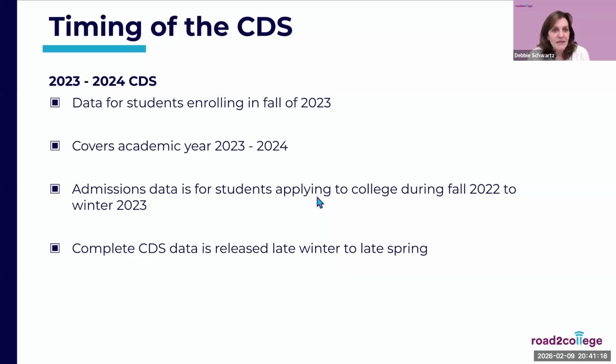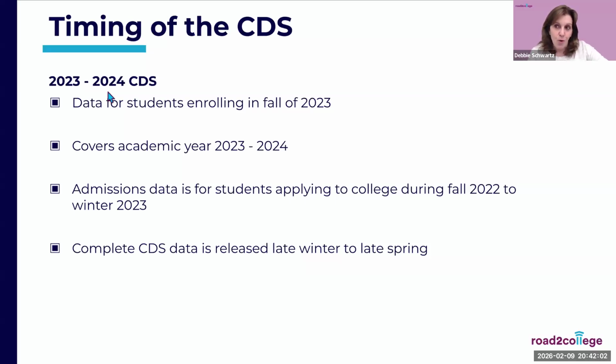So in terms of the timing of the Common Data Set, actually, this is an old example. I apologize, but let's just go with what I have here. If you see a Common Data Set that says, like in this case, 2023-2024, what that number represents is the academic year that the data is covering. That means it covers students who enrolled in college in the fall of 2023 and stayed in college through June of 2024.